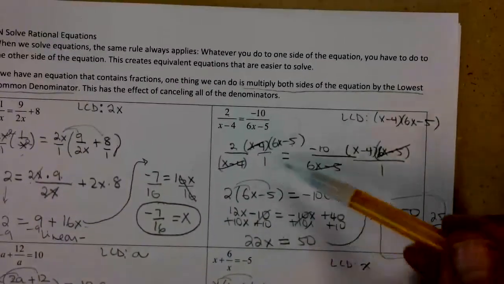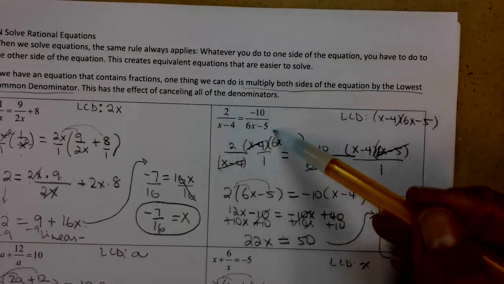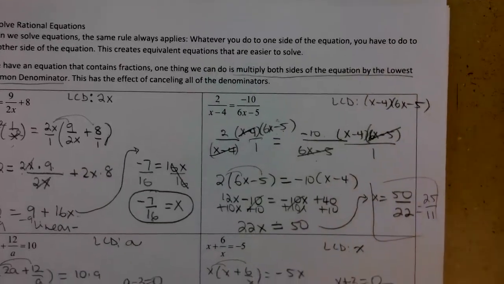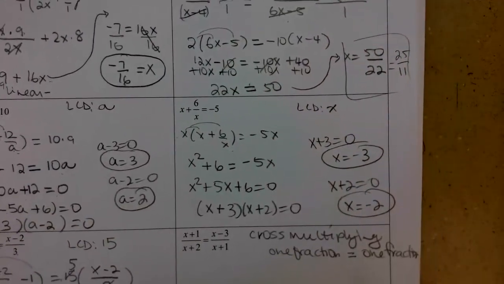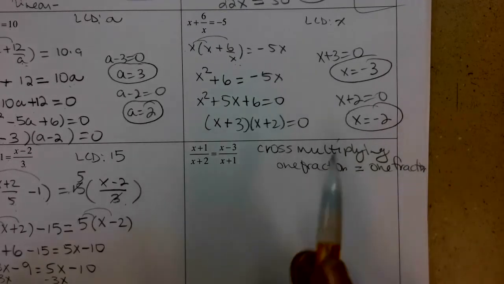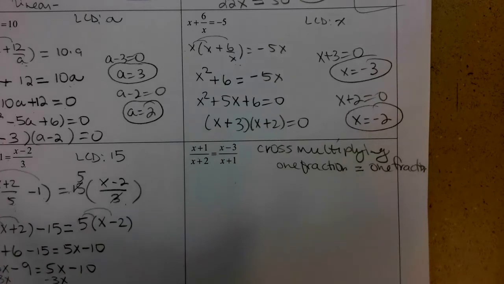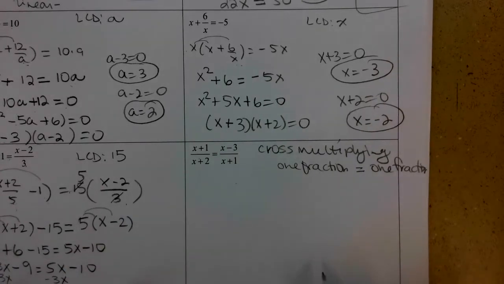Right, it was the second one. This one here would have been a cross-multiply. One fraction equals one fraction. All of the other examples on the page have 3 different terms in the equation, so not an option. So cross-multiplying. If one fraction equals one fraction, then we can cross-multiply and set those two equal.